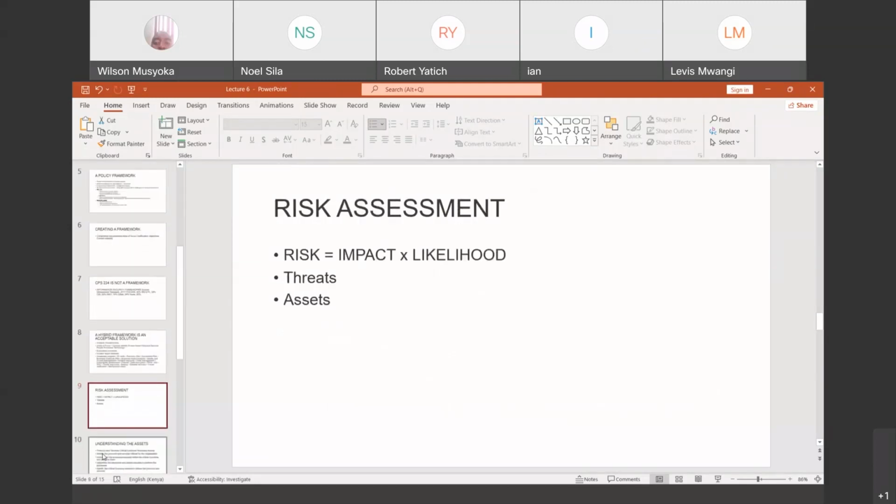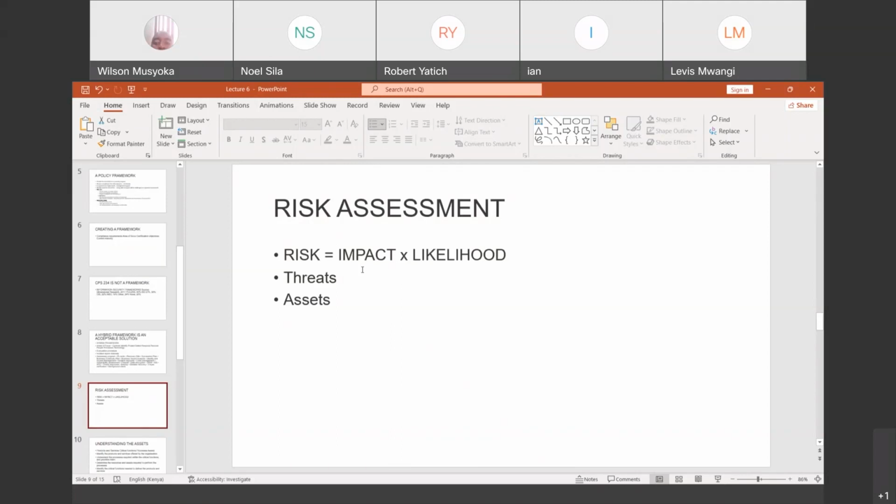So how do you do the risk assessment so that you know the framework is working for you? Risk is normally defined as impact and its likelihood. That is where you can talk about the level of risk, because you want to see what is going to affect us. Maybe it is a natural disaster.